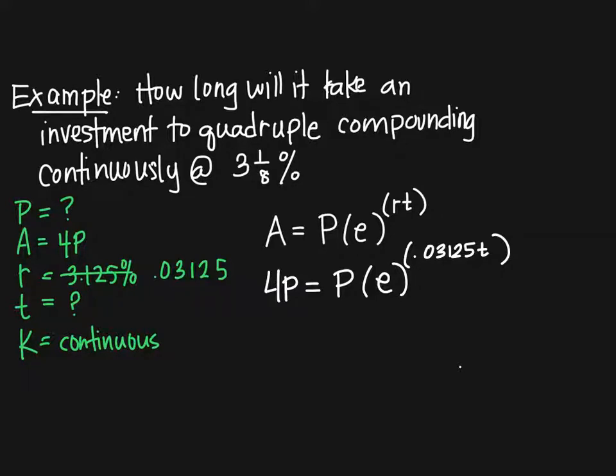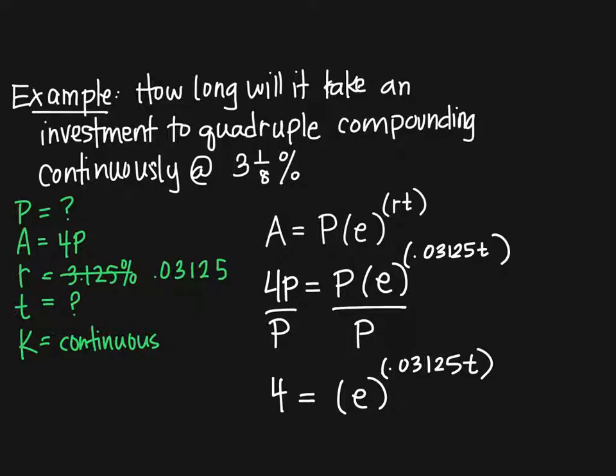So what would I do first to help me get t by itself? Divide by P, which gives me 4 by itself. It also gives me the e to the 0.03125t. Where's my t? What do I need when t is in the exponent? Now I need the log, right?